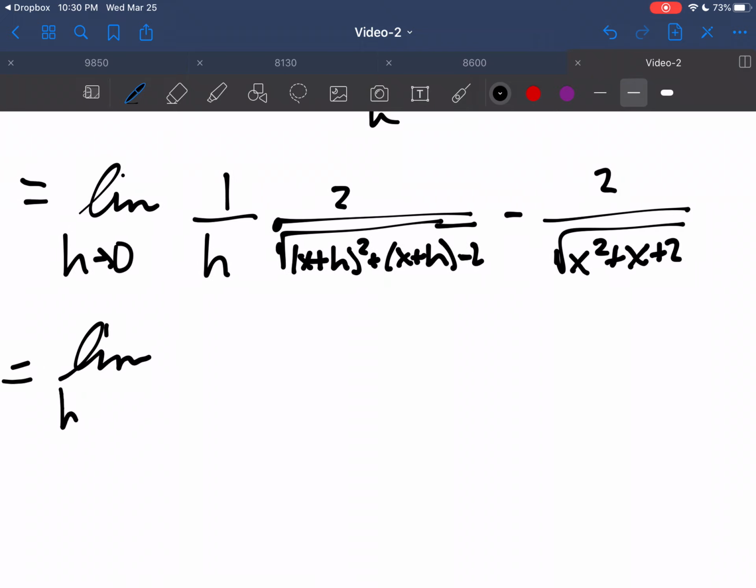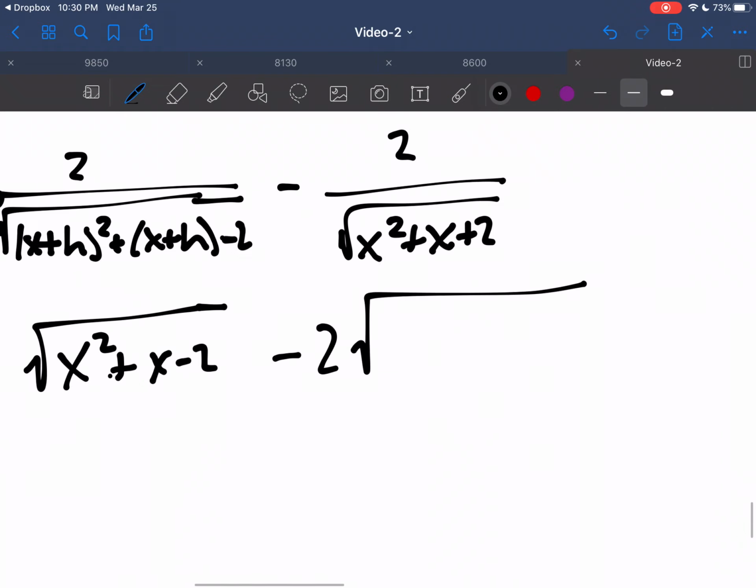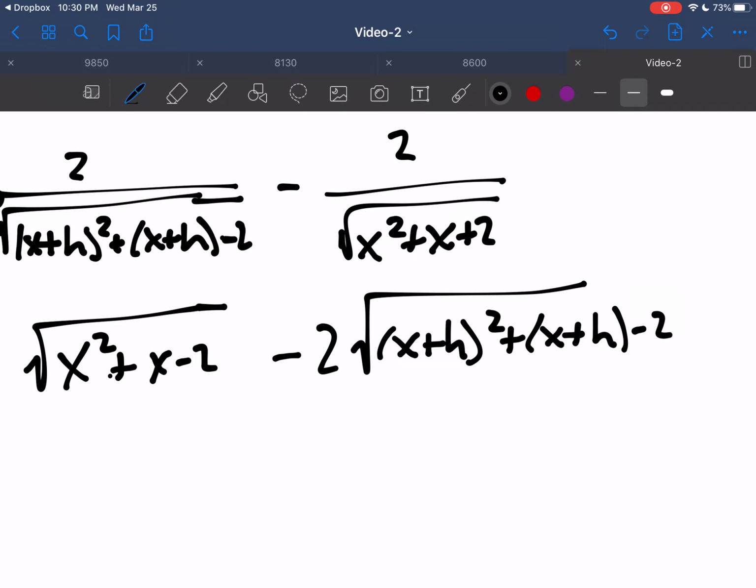Okay, so if we do the limit as h approaches 0 of 1 over h times, we'll find a common denominator, and we get the square root of x squared plus x minus 2 times the square root of x plus h squared plus x plus h minus 2.